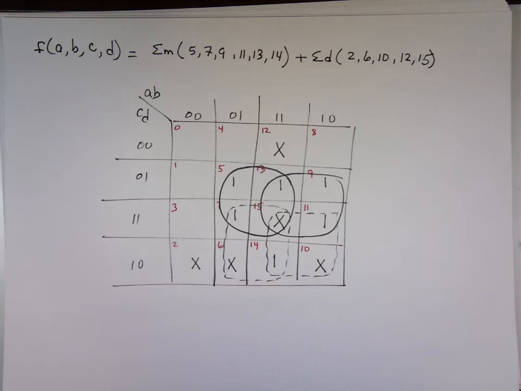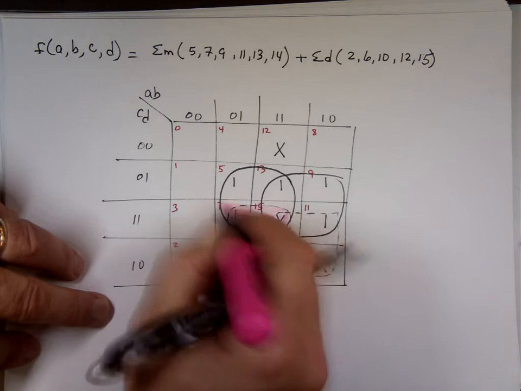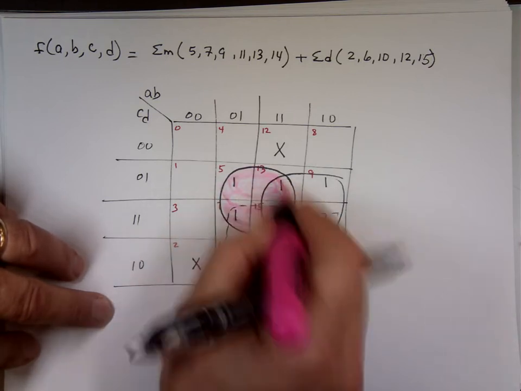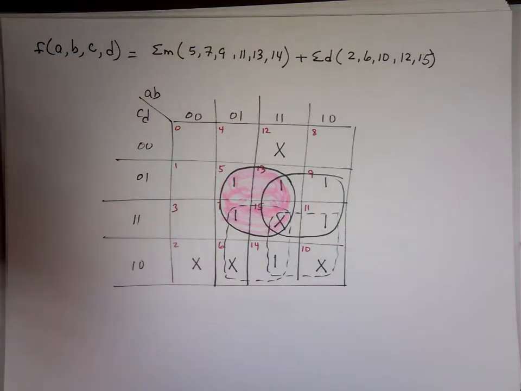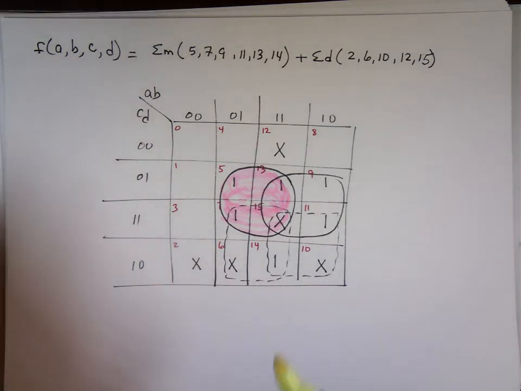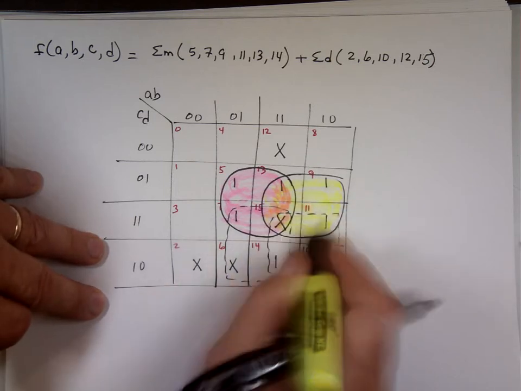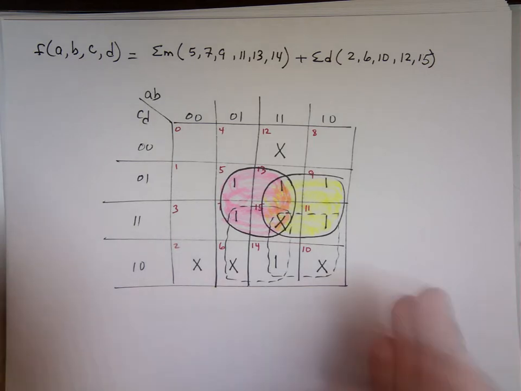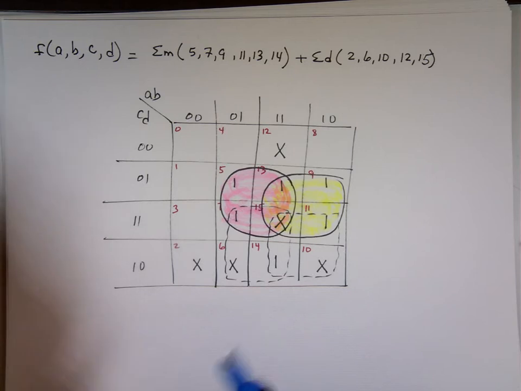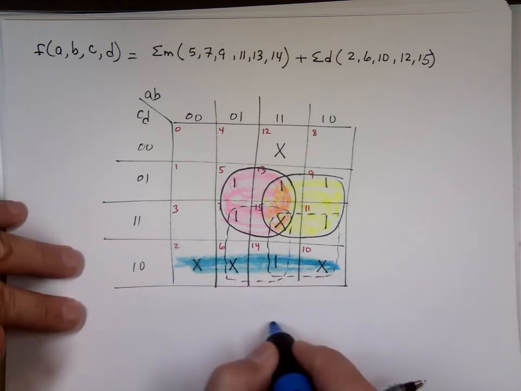So here we got to decide. I'm not going to write all 4 choices, but this is one group. This is another group here. And just to make it less messy, maybe I'll take the bottom half.